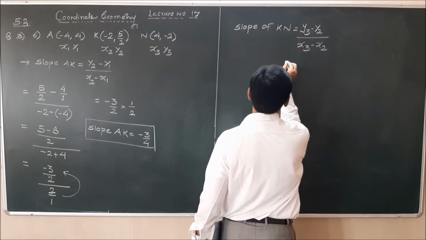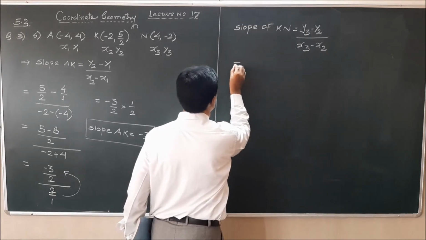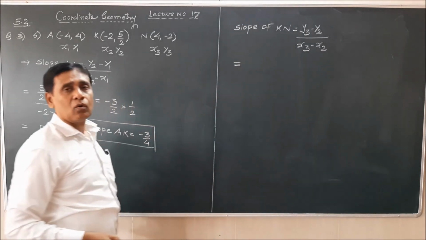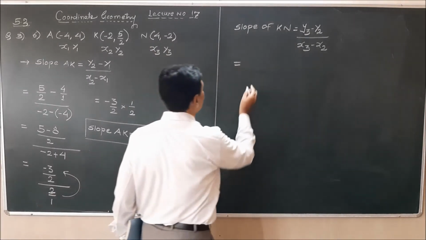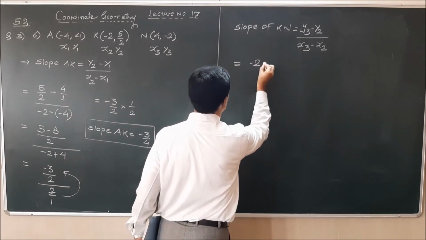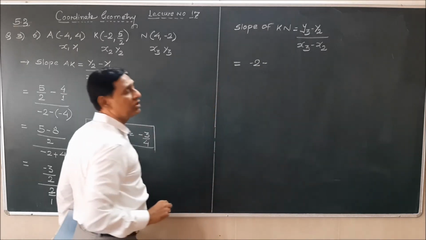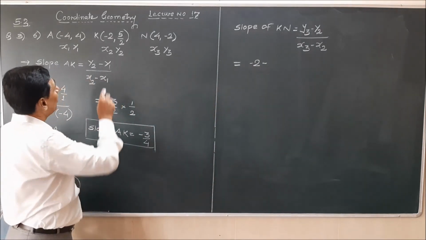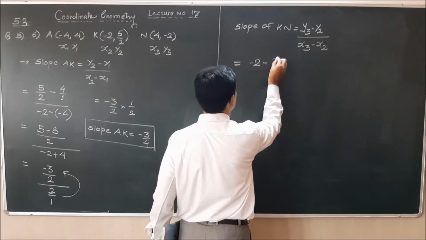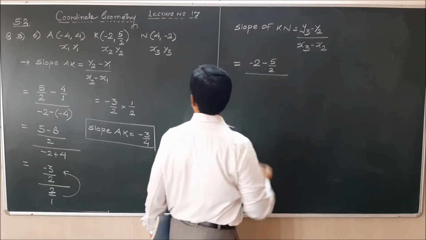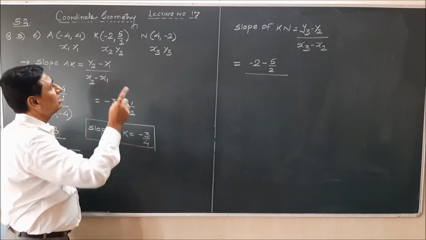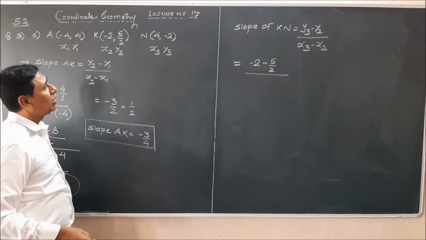So that will give us, that is equal to, what is the value of y3? y3 is minus 2. So minus 2 minus, what is value of y2? y2 is 5, upon x3 minus x2.